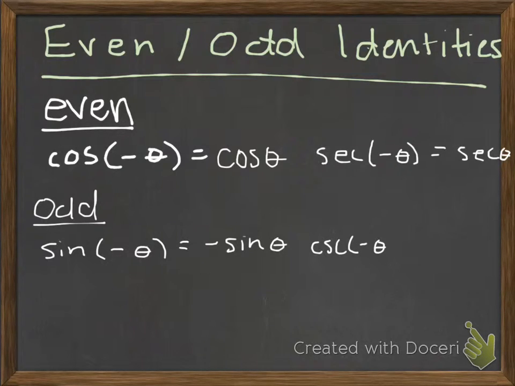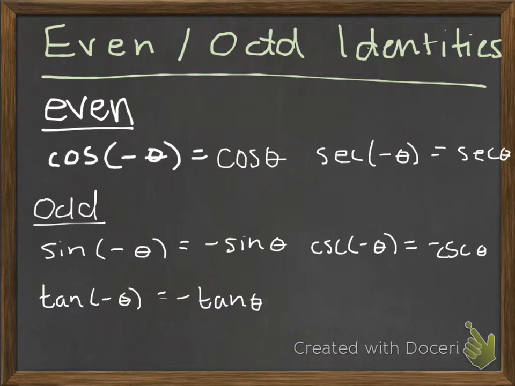So cosecant of a negative angle, again, negative goes out front, and the angle is now positive. This is also true for tangent. So again, the negative goes out front. And lastly, it's true for cotangent. So cotangent of negative theta is equal to negative cotangent theta.